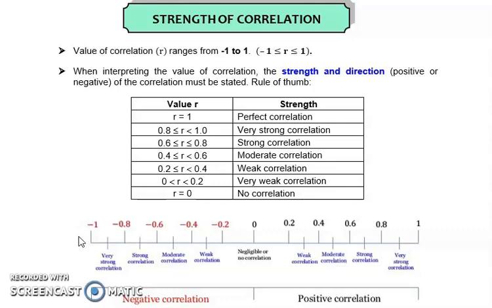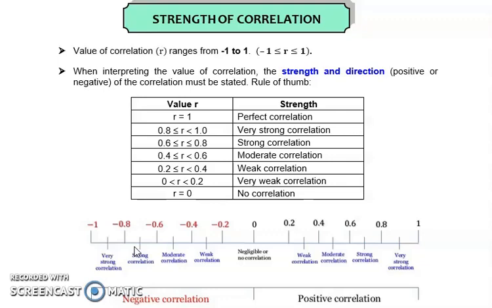Okay, now remember your test mark or test score. Normally, we would say that if you score 80% and above, it will be good, right? That means you will get an A. So you just remember like this. If 0.8 and above, or you get -0.8 and below, like -0.8, -0.9, you can conclude there is a strong correlation between the two variables.